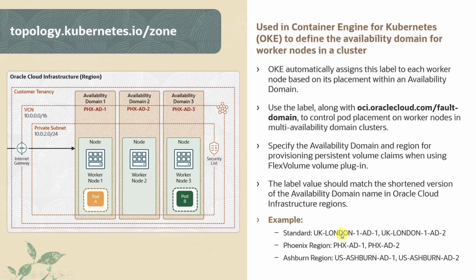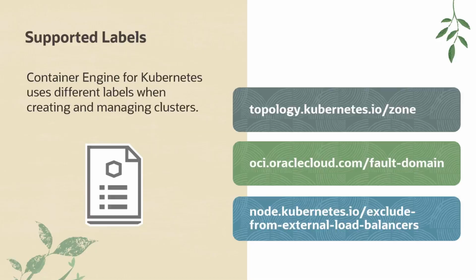Most commonly, these shortened versions follow the format region identifier hyphen the availability domain number. For instance, UK-London-1-AD1, UK-London-1-AD2, and for the Phoenix region it is PHX-AD1, PHX-AD2. Similarly for Ashburn it's US-Ashburn-AD1 and US-Ashburn-AD2.